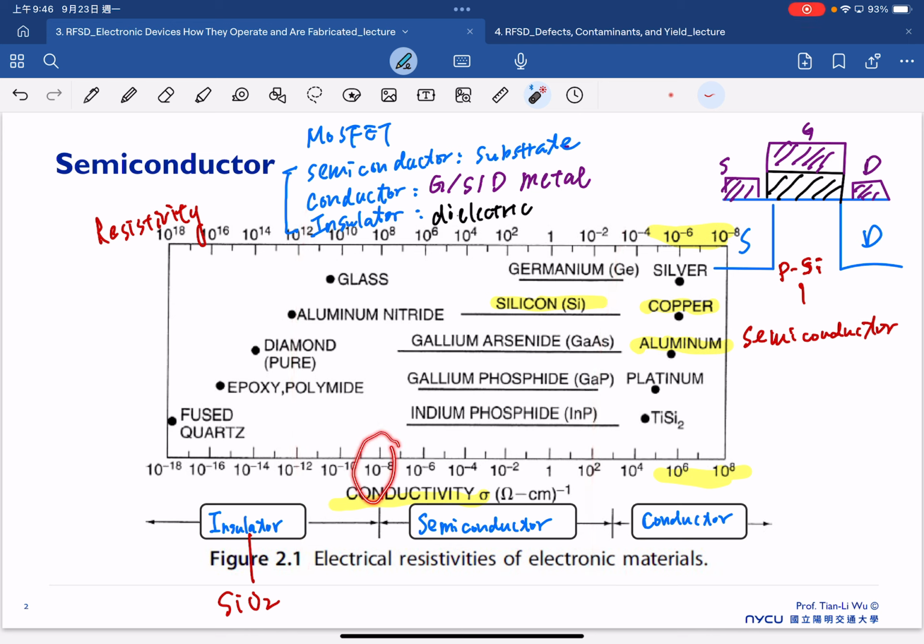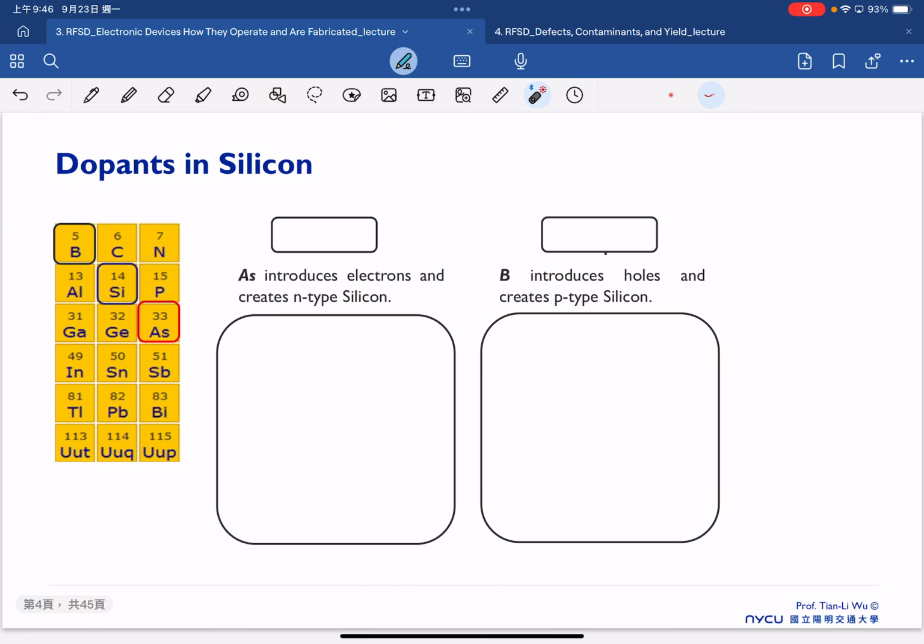That's from 10 to the minus 8 up to probably 10 to the 4. Even beyond, we can make a semiconductor that shows an extremely high conductivity. And the reason that we can change their conductivity is mainly because we can have dopants inside.